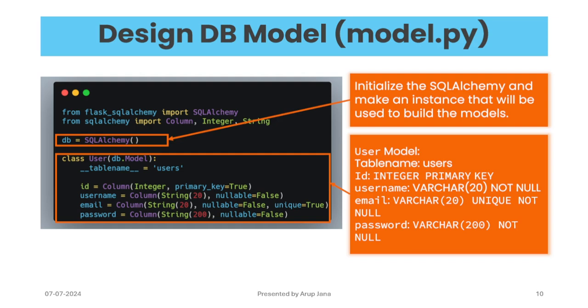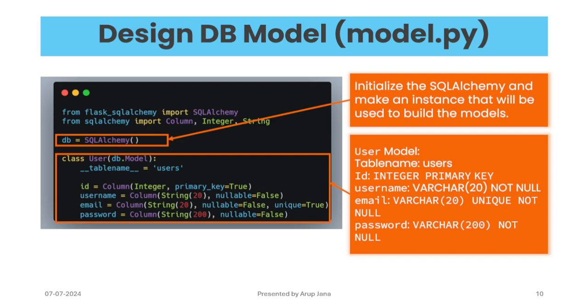Right now, this user model is using the table name users. By the way, here is the distinction. Although the model name is user, the table name could be different. User is used to represent the database users. User is an object of the database users. That's what you can understand.